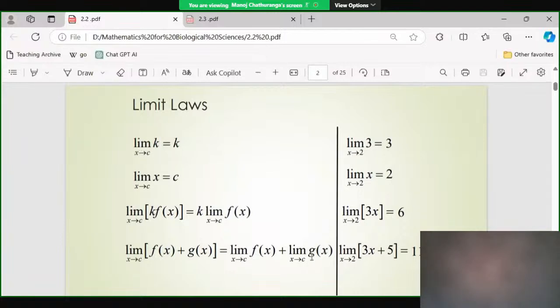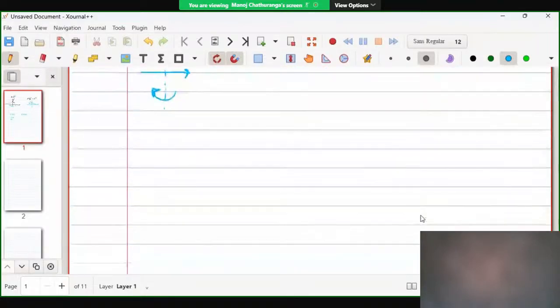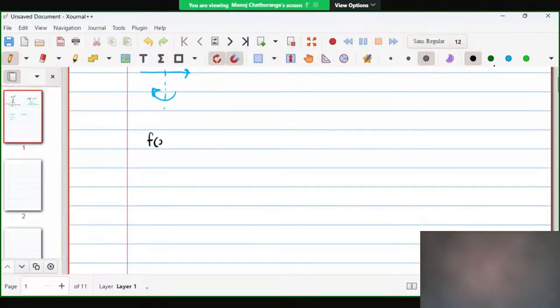So let me share the writing pad. Think about the constant function f of x equals 2.